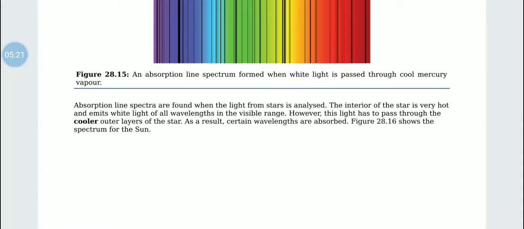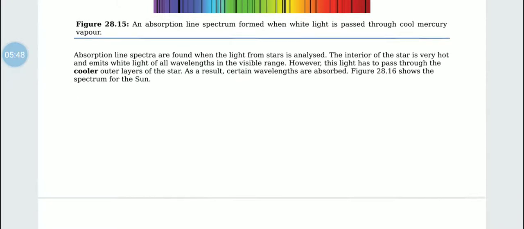Now, usually stars have very hot cores. The interior is very hot. However, when the light comes out, it passes through cooler outer layers or cooler atmospheres. As a result, certain wavelengths are absorbed.